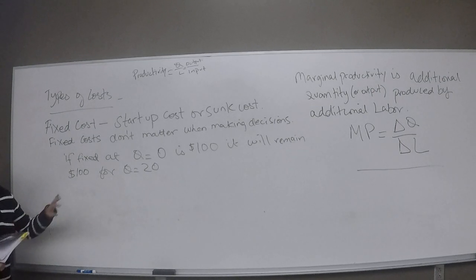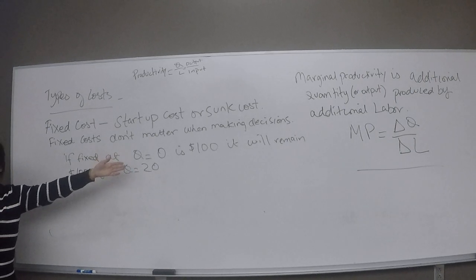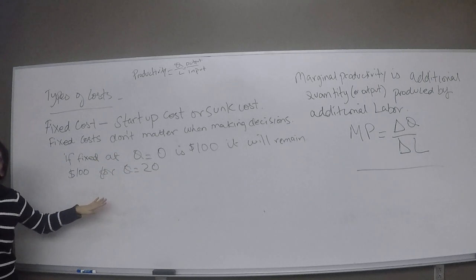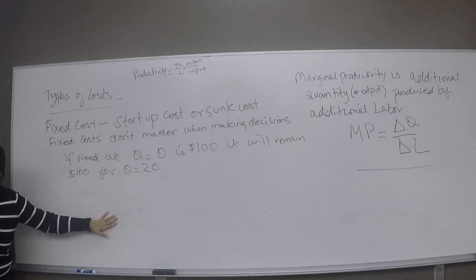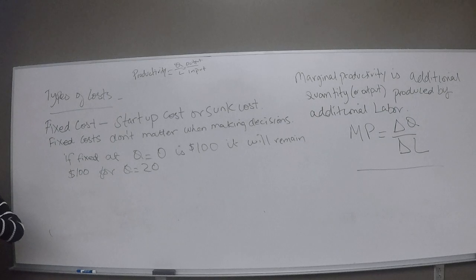So at zero quantity, when you're not producing anything, the fixed cost, if it's $100, even after producing 1, 2, or 20 products, will still be $100. Fixed costs remain the same throughout production. It's a startup cost or a sunk cost, and it does not matter when making an economic decision. Okay?